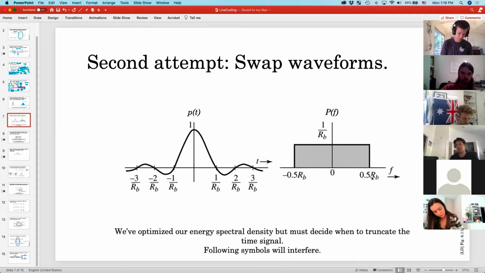Because we need to say bit 1 stops here and bit 2 starts here. So then the question becomes, where do you truncate? And once you start truncating, then you start losing this nice clean rectangular form over here in the frequency domain. So today we're going to try and formalize this act of truncation or timing and all that stuff.